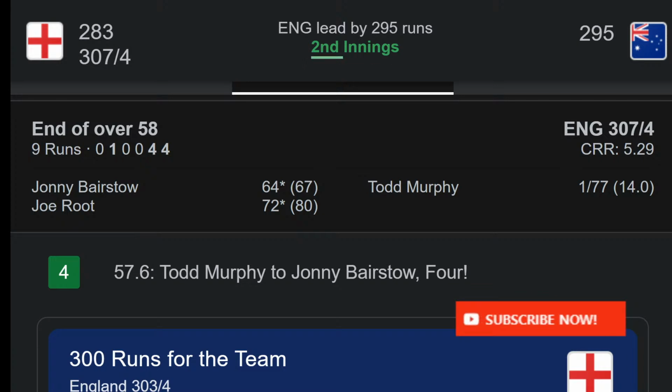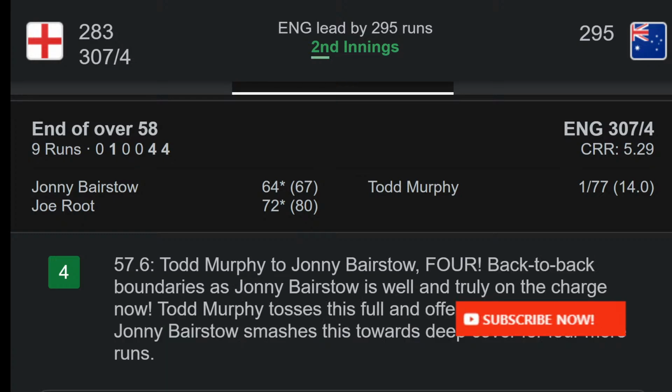Johnny Bairstow moves to 64 of 67 and Joe Root 72 of 89 runs in this over. This is the 58th over of England's second innings. 307 for the loss of 4 wickets at 5.29 runs per over. 1 of 77, Todd Murphy. 14 overs have been bowled by Todd Murphy.